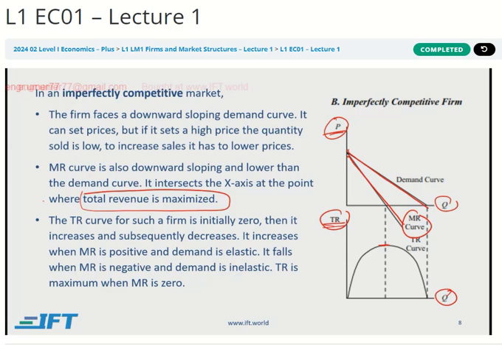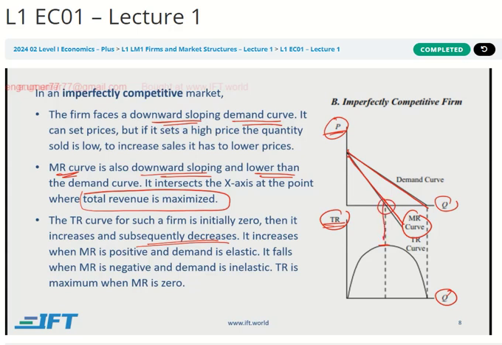Currently, what we want you to absorb from this discussion is that for an imperfectly competitive firm, the demand curve is downward sloping, right? And the marginal revenue curve is also downward sloping, and it is even lower than the demand curve. And your total revenue gets maximized but then starts going down as your MR becomes negative.